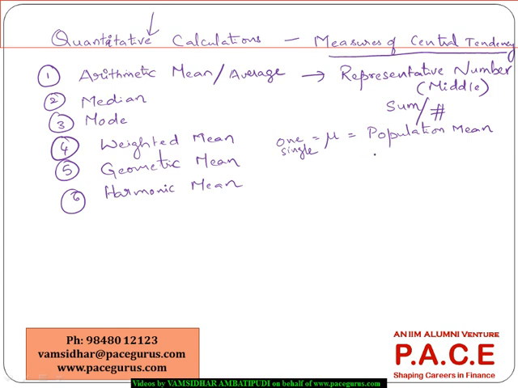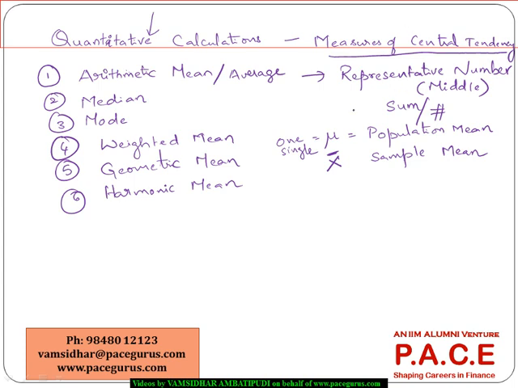Whereas on the other side, if I do the same computation on a sample, I call it the sample mean. Generally I represent the sample mean with x bar. And it could have different values depending on the subset of the population that has been chosen.